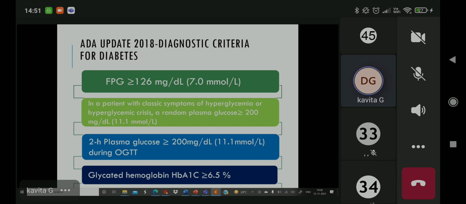So you have fasting plasma glucose of more than or equal to 126. Before starting this, I'd like to tell you a few things. Blood glucose is collected in the SF vial, which is a grade of Vacutainer. SF vial means sodium fluoride Vacutainer. Why are we using sodium fluoride?